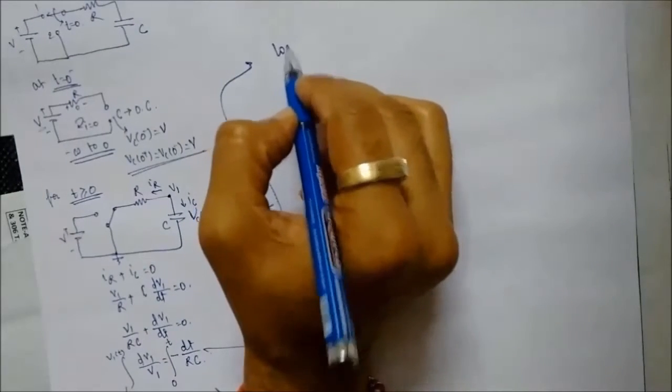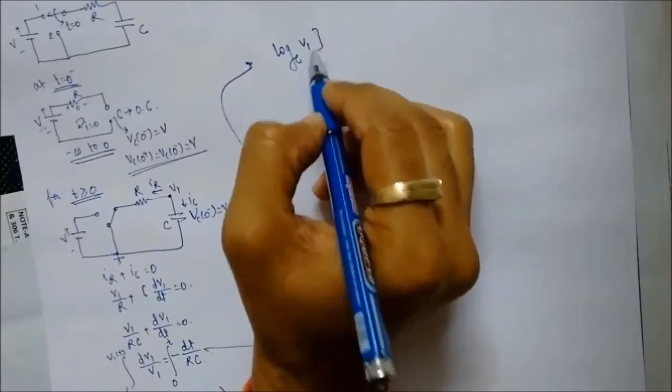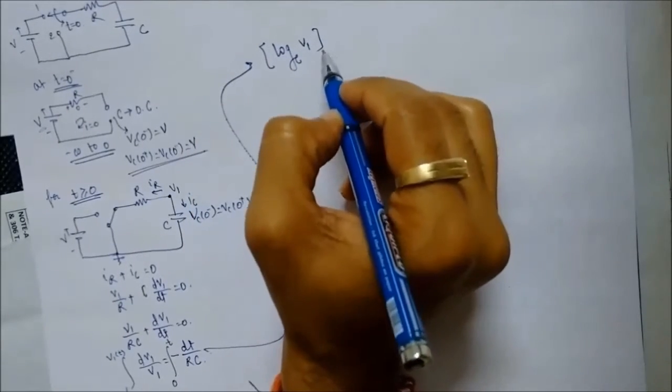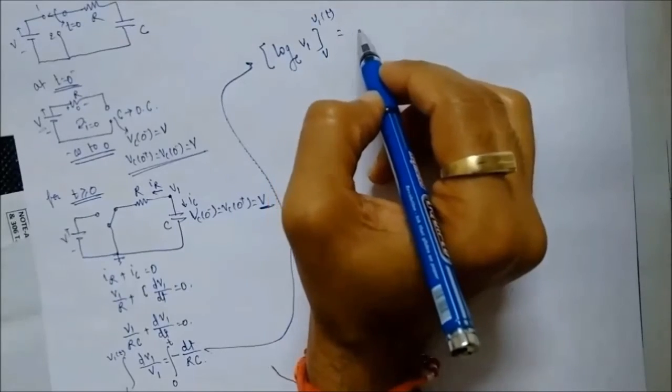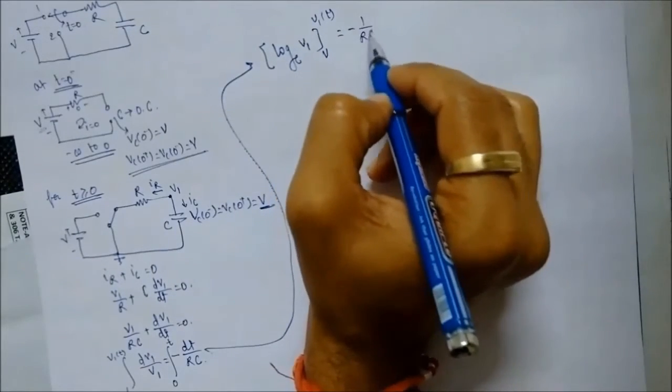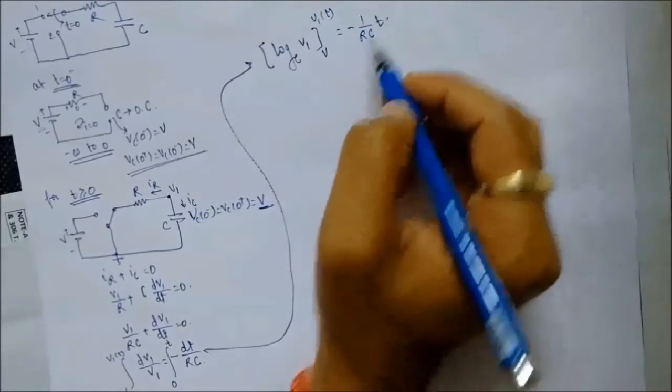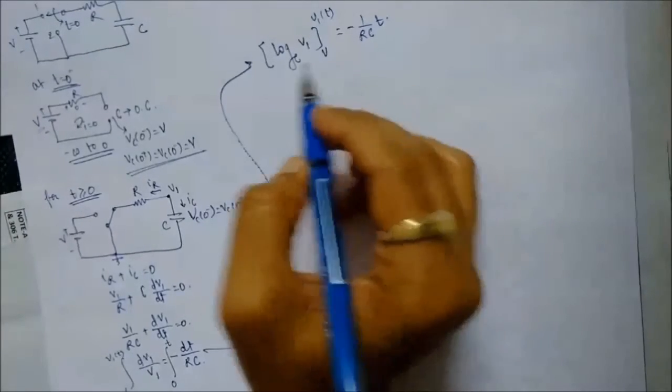Now dV1 upon V1 is nothing but log to the base e of V1 from V to V1(t), that is equal to minus 1 upon RC times t on the right hand side.